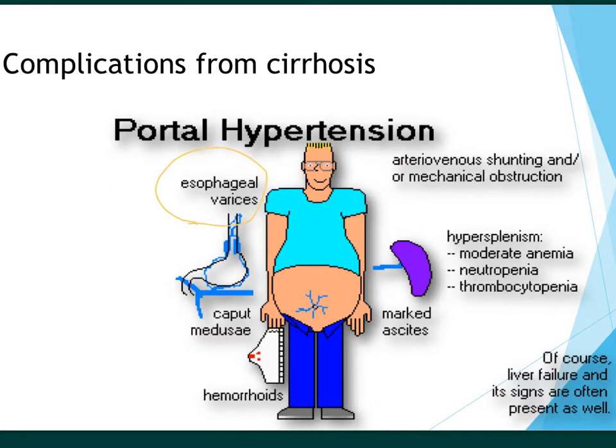That's a complication of portal hypertension. The spleen is enlarged, and you can see what happens when the spleen becomes enlarged. You also have hypertension. You can see a patient will develop hemorrhoids and have ascites.